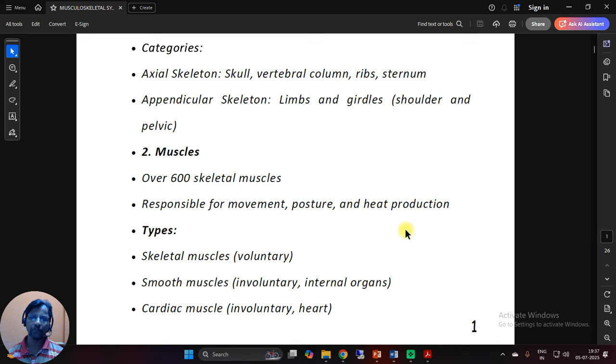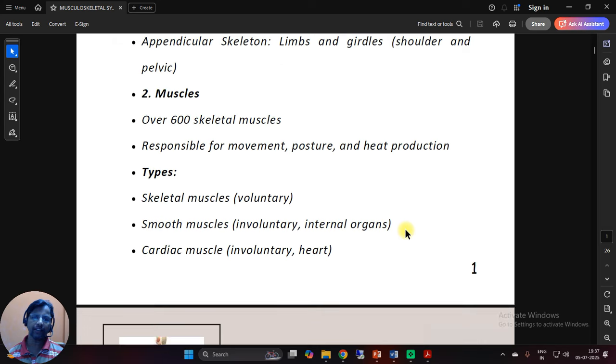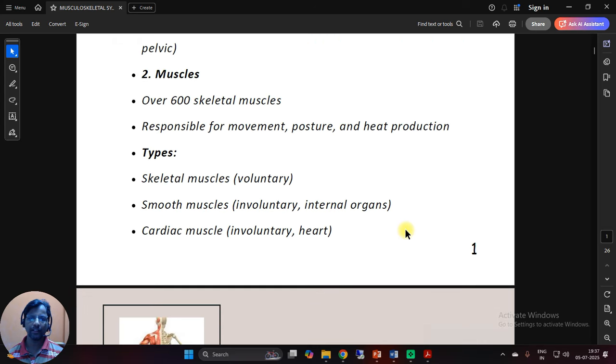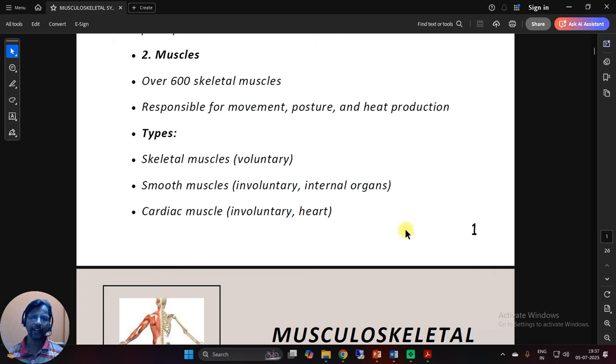They are useful for movement, posture and heat production. We need to understand the types of muscles: skeletal muscles, which are voluntary; smooth muscles, which are involuntary and found in internal organs; and cardiac muscle, which is involuntary and found in the heart.